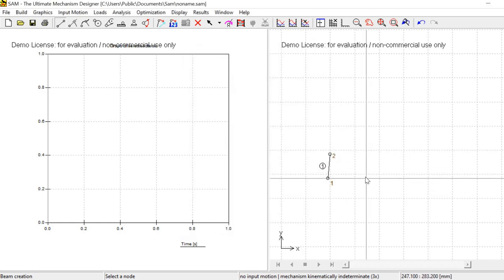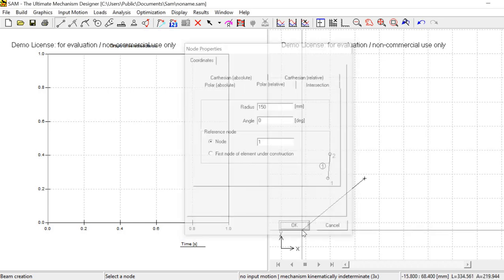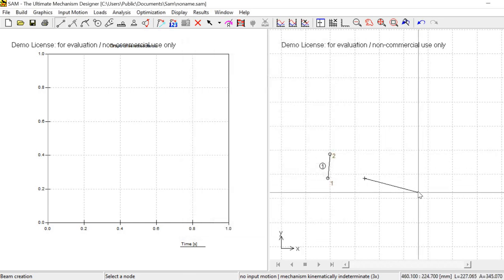After that, I need to set the coordinates of point 1. So I'm going to just click the button. You will get these coordinates. You need to figure out these points: 150, and it would be 0 for me. And I would select this node. From node 1, it would be 150 millimeters away horizontally. So I have already got this point.